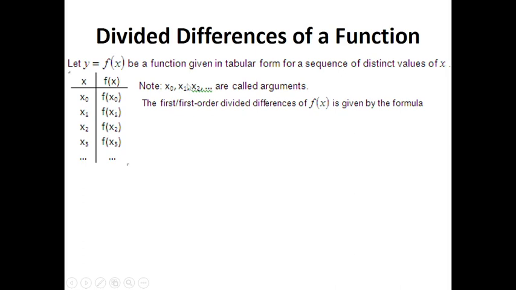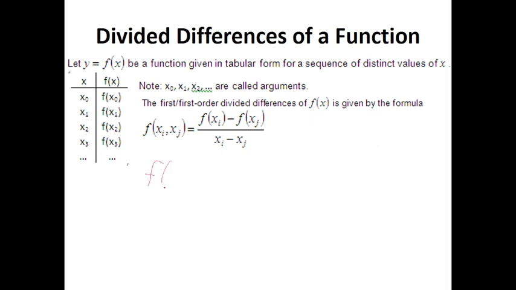So how do we get the first order divided differences of f of x? We use the formula: f of x sub i, x sub j equals f of x sub i minus f of x sub j all over x sub i minus x sub j. Let's say we begin with i is 0 followed by j is 1.